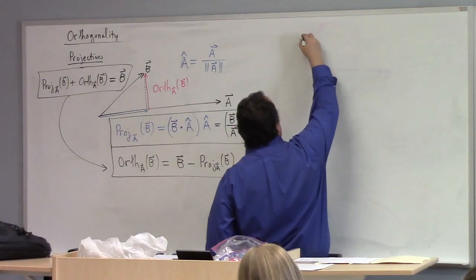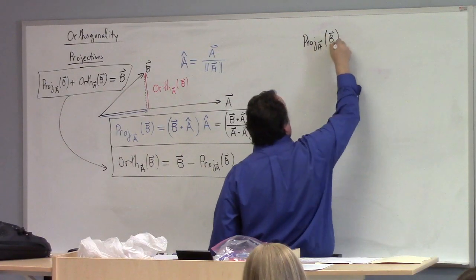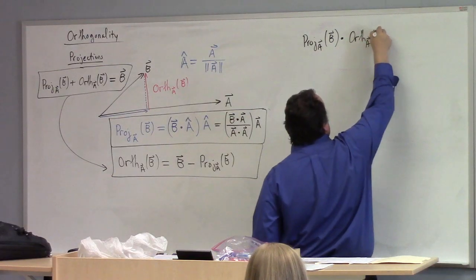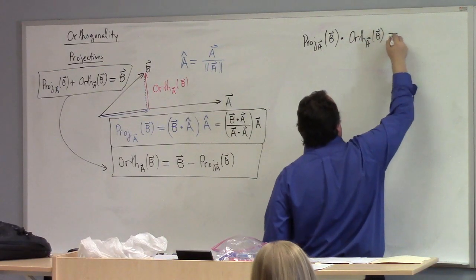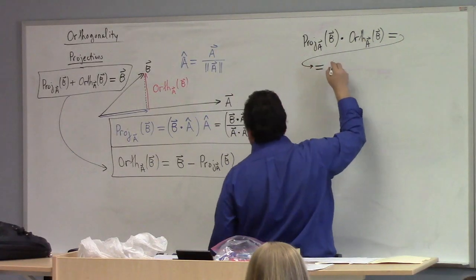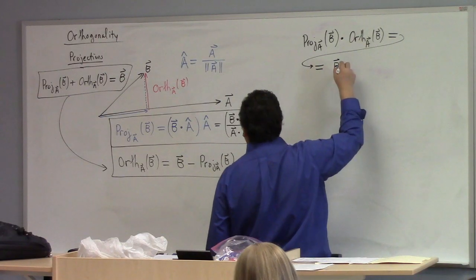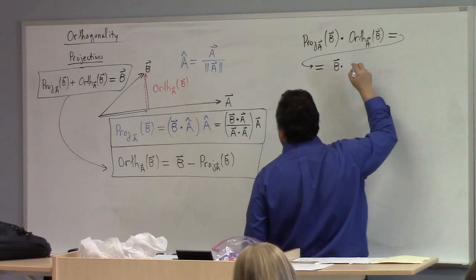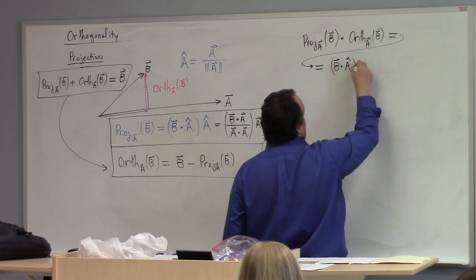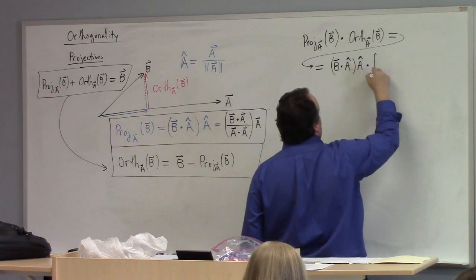So we should see the projection in the A direction of B dot the orthogonal projection in the A direction of B. It should work out to 0, right? So how's that go? We have B dot A hat, A hat dotted with what?